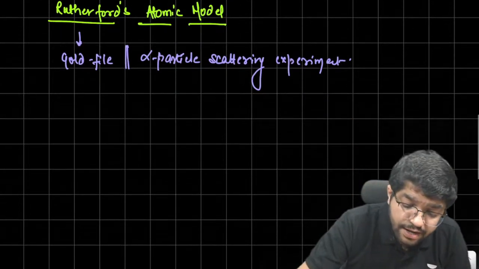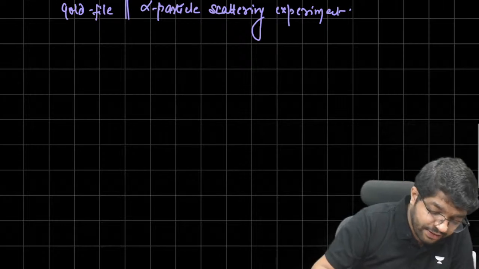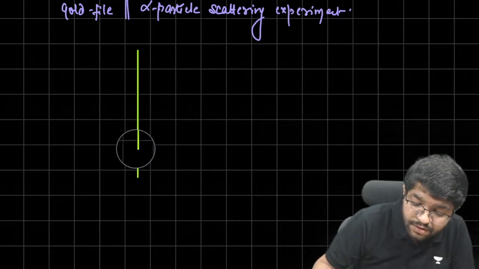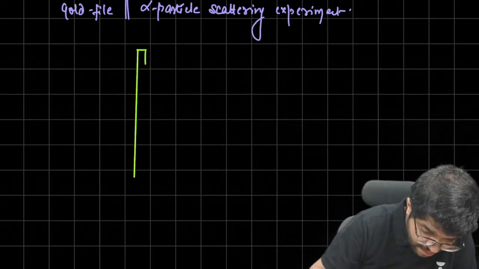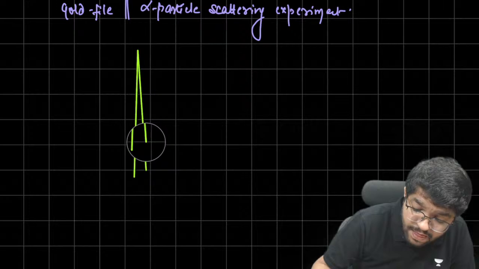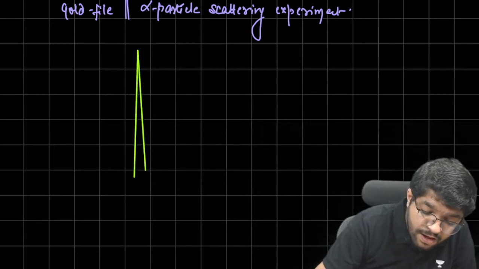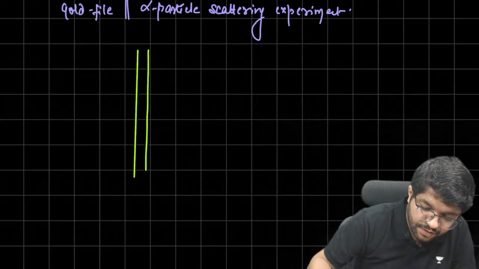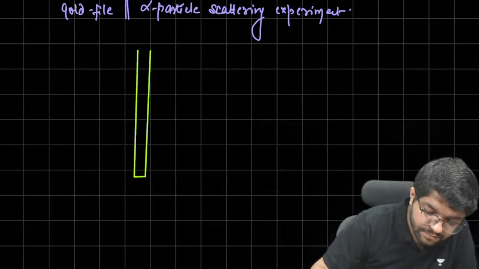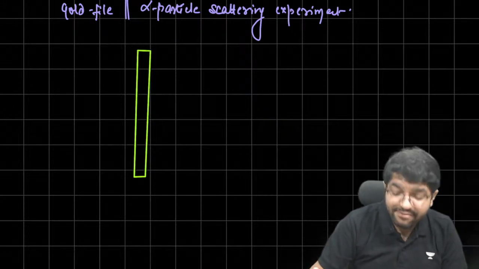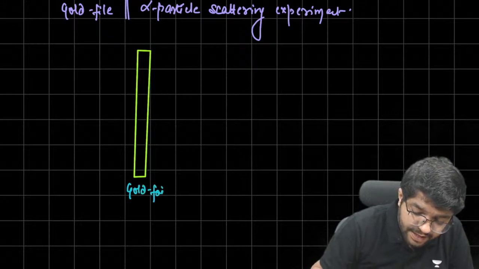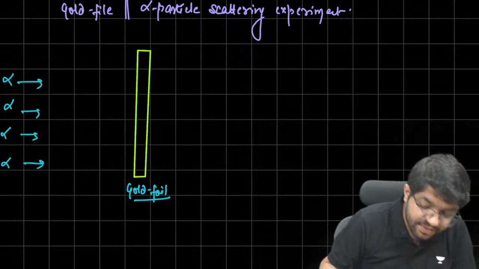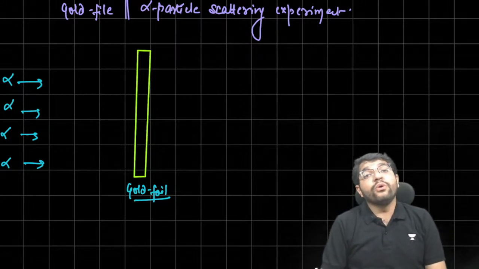And what did we do there? We took a gold foil, and we are throwing alpha particles through it.